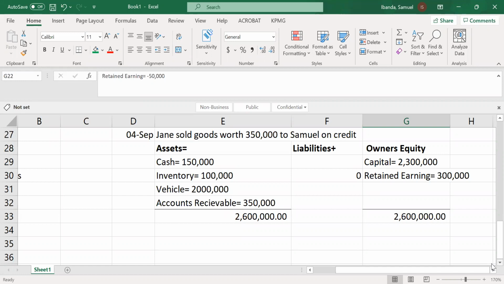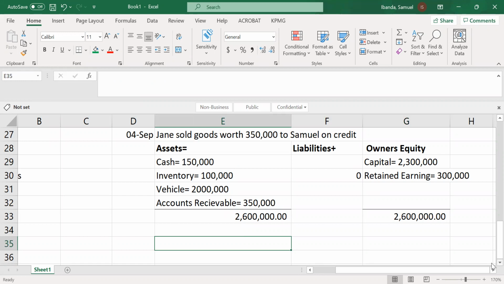That is one of the things that the examiner sometimes will ask when they provide you with the accounting equation. They may ask you to draw up the statement of financial position, also called the balance sheet. As we proceed, we shall be able to expound even more.